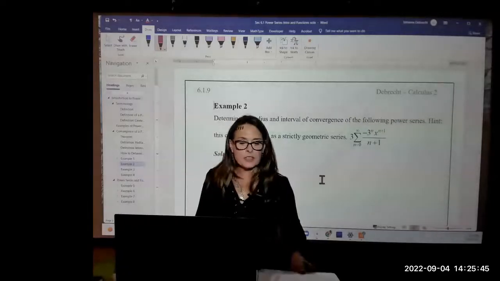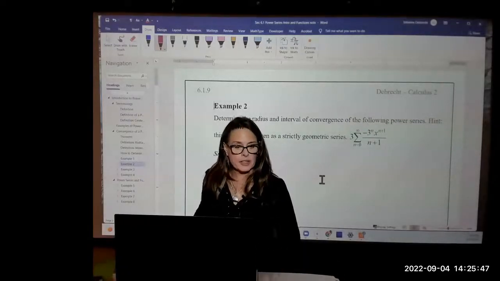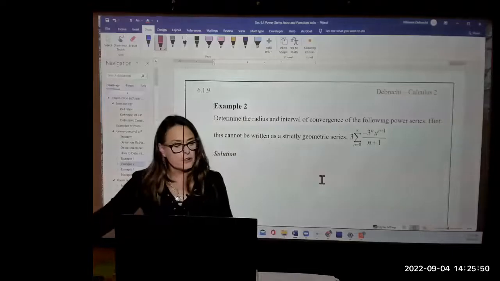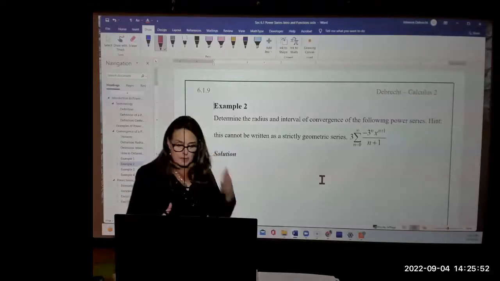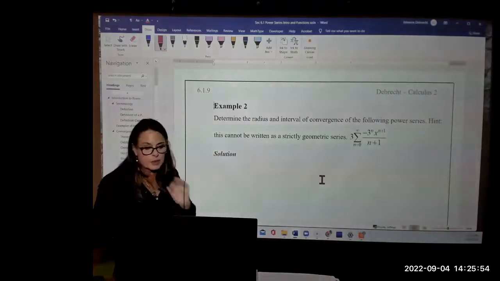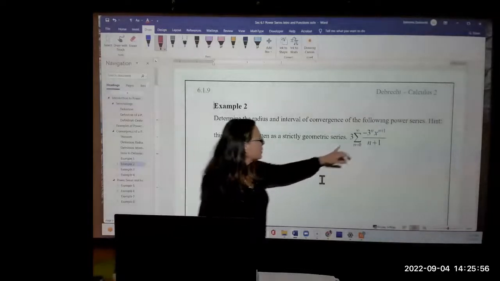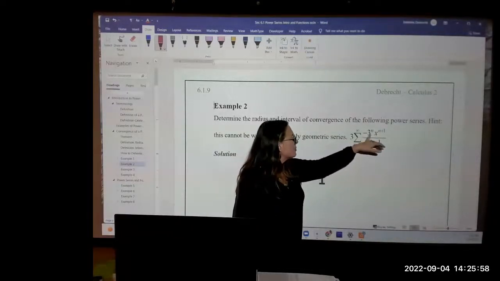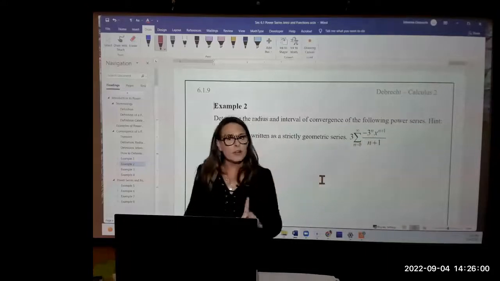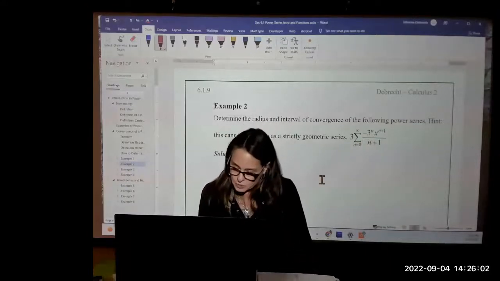So when we look at this one, to apply the ratio test, we want to first see if there's something we can do to maybe simplify this a little bit. All right, so we've got a 3 on the outside and a -3 to the n on the inside. Now I want you to be very careful with your algebra here.